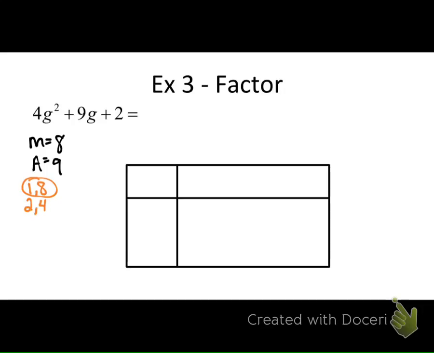So now with the information that I have, I can go ahead and plug my numbers in. So remember, 4g squared is going to go in this top box. Your number without a variable is going to go in this box.